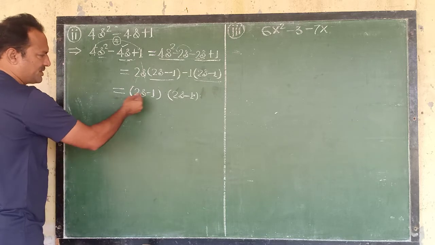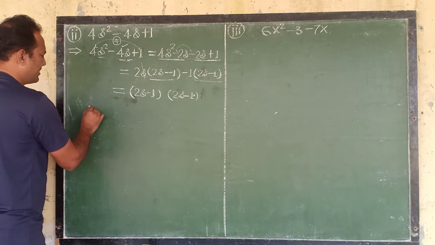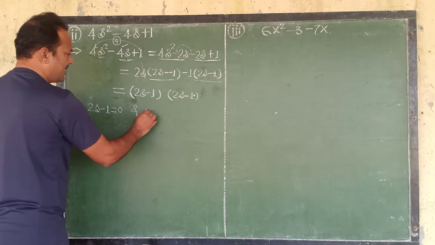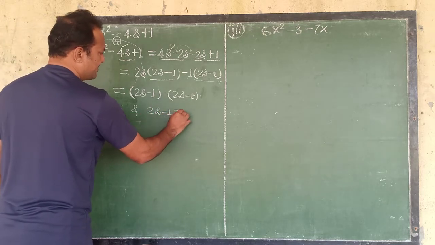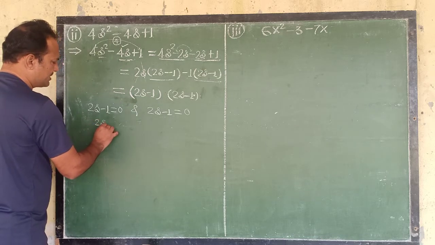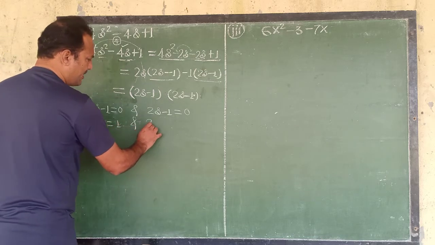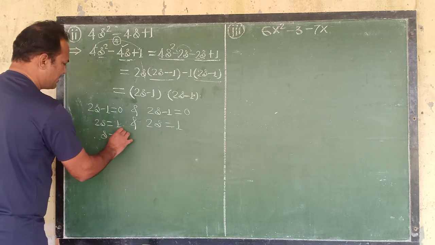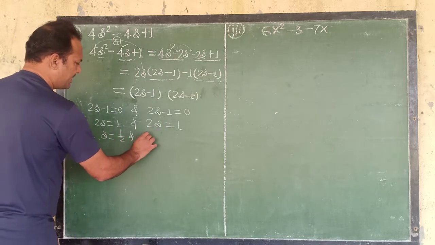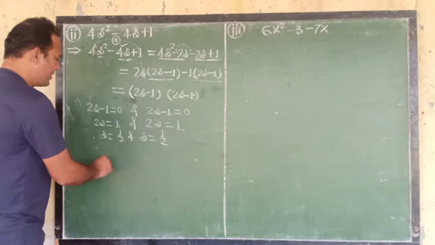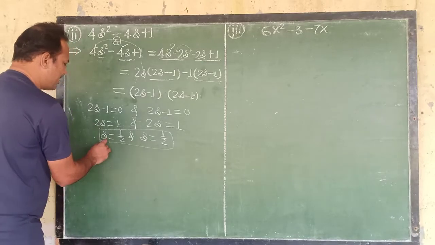If we solve these two, what do we get? 2s minus 1 is equal to 0, and 2s minus 1 is equal to 0. It means 2s is equal to 1, and 2s is equal to 1. Then s is equal to 1 and half, and s is equal to 1 and half, if we change the sign.